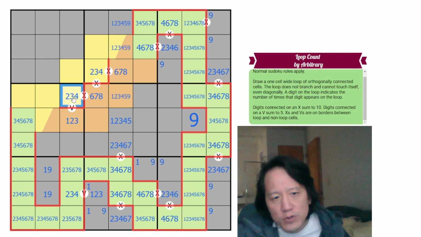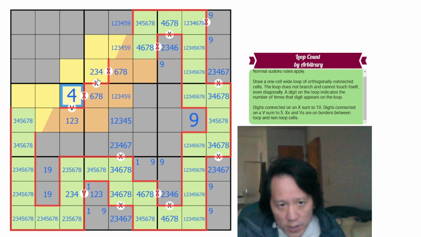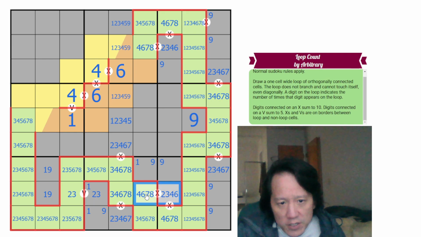So if this is 2, 3, interesting. Okay. So say the yellow was part of the loop. Then this has to be 4 and 4. And then this would be 6 and 6. This would be 1. This would have to be 2 and 3 here. So that eliminates 2 and 3 here. 4 can no longer be on the loop. So this has to be 6 and 6.